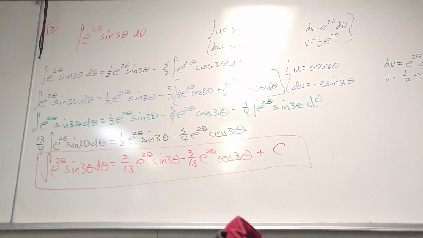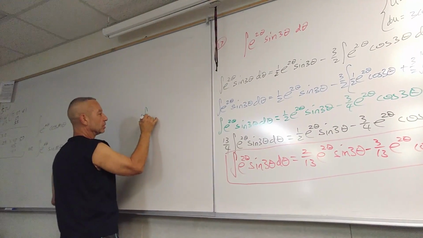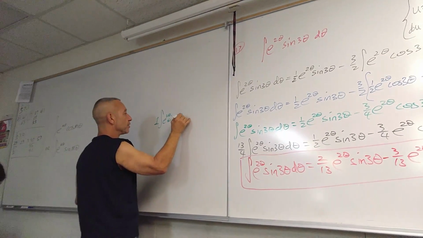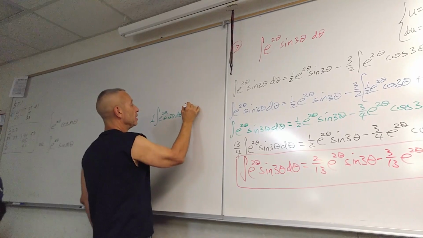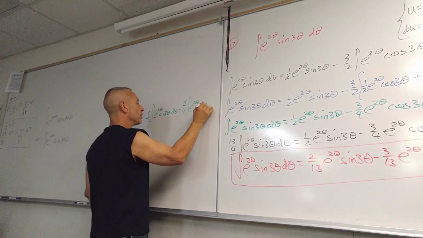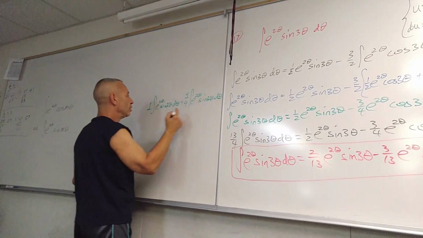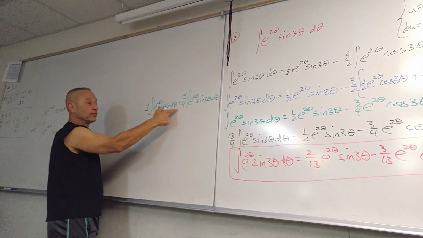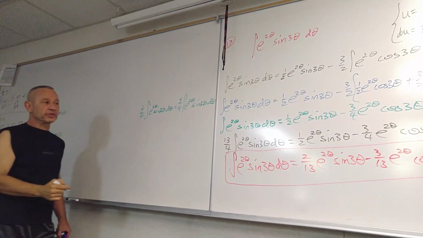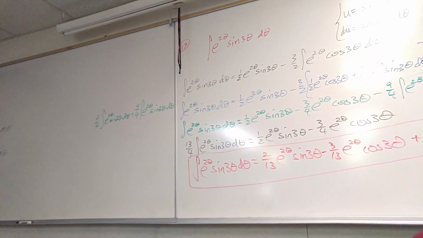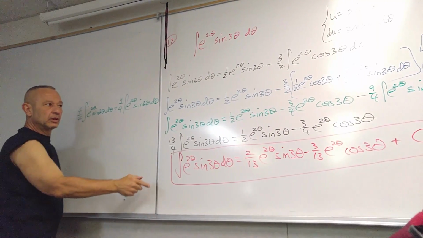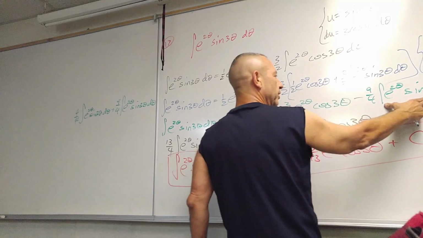So I've got 1 integral of e to the 2 theta sine 3 theta d theta plus 9 over 4 integrals e to the 2 theta sine 3 theta d theta. Well, one of them plus 9 over 4 of them, this is 4 over 4, plus 9 over 4 is 13 over 4. That's where this came from. You added that one? Well, yeah, I'm adding this.